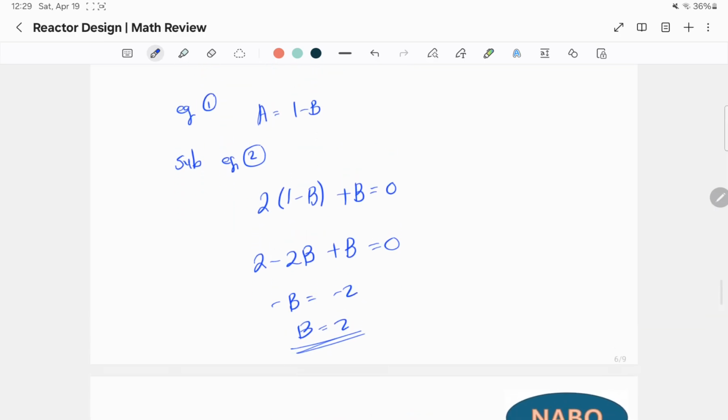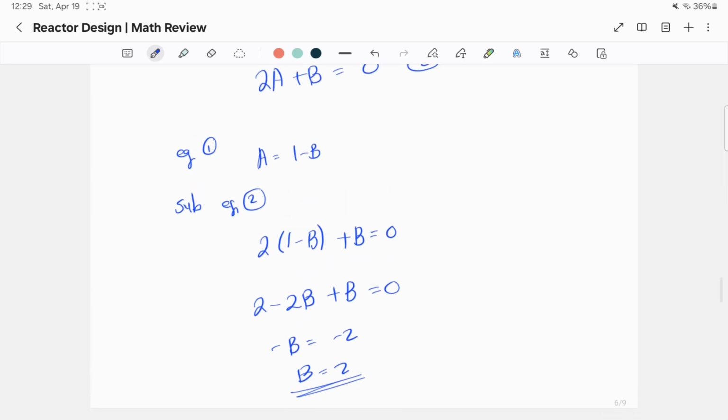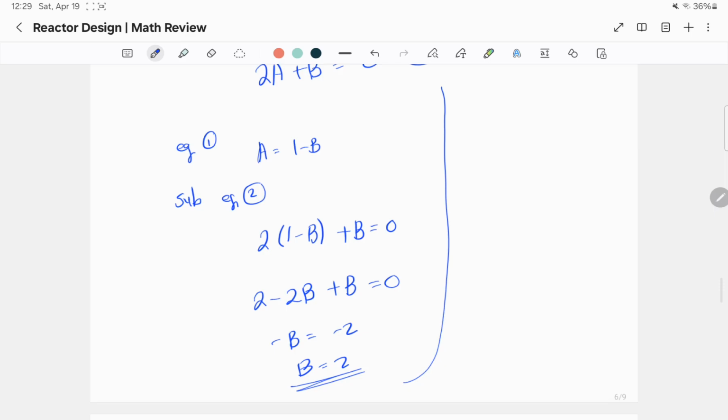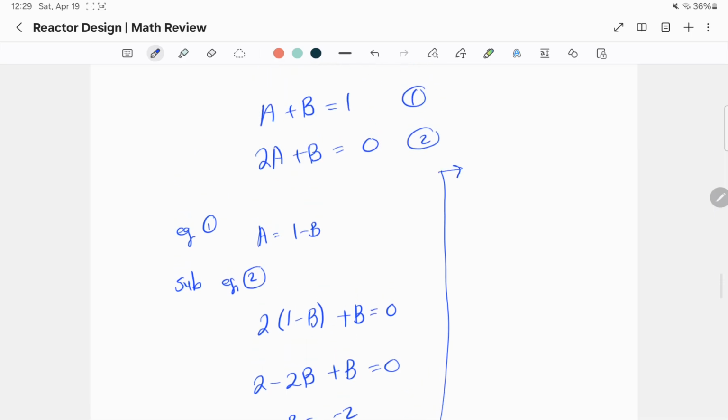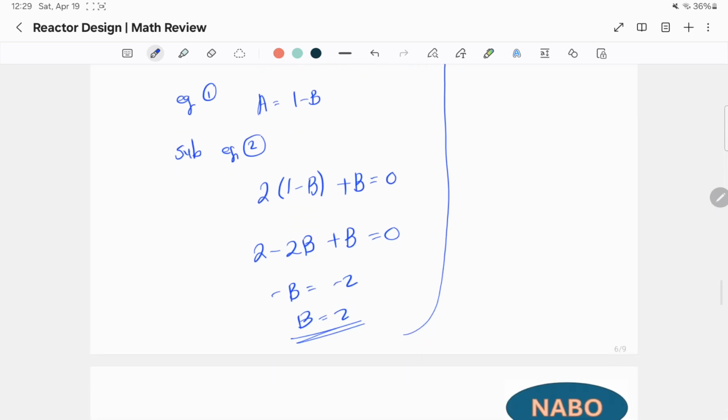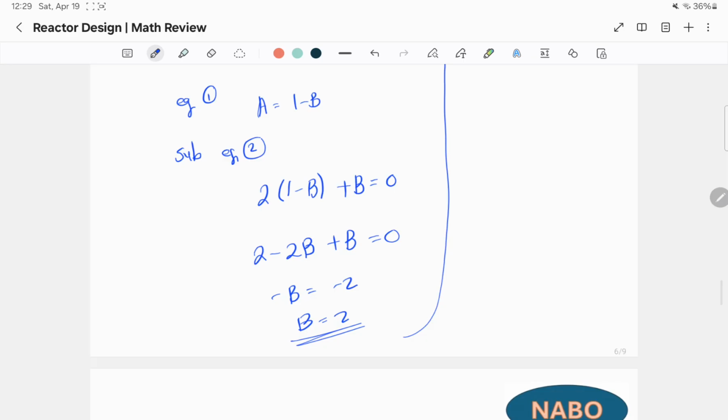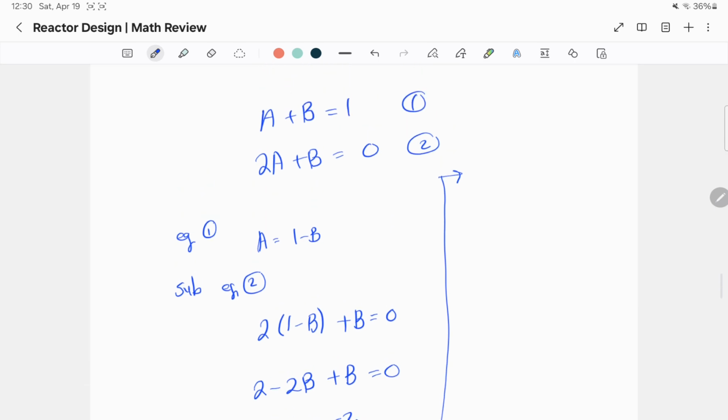That's your first value for the variable. We'll go back up here and solve for A, using equation 2, or using equation 1, which is much easier.